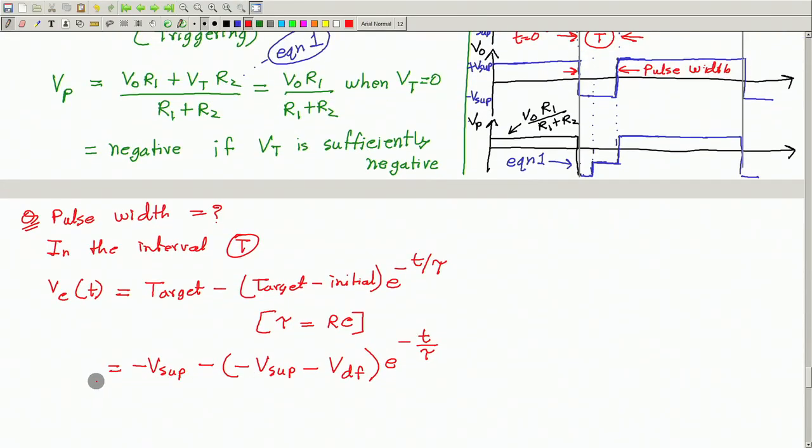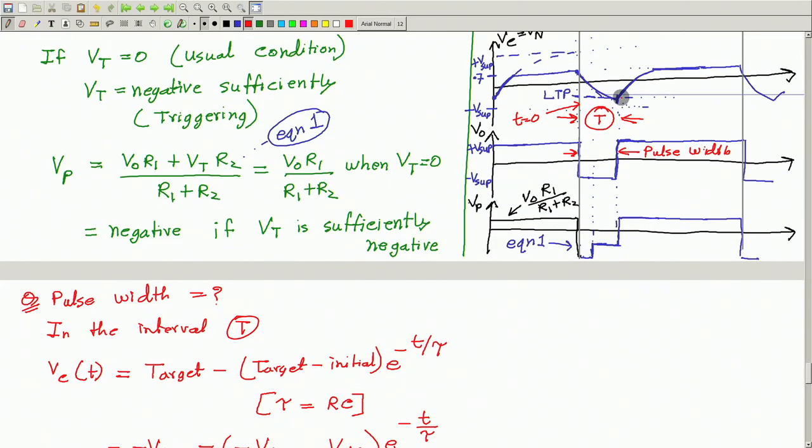From this we can write Vc at this point, call this t equal to Tw, which is the pulse width.